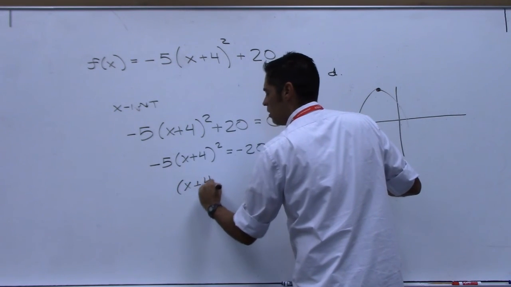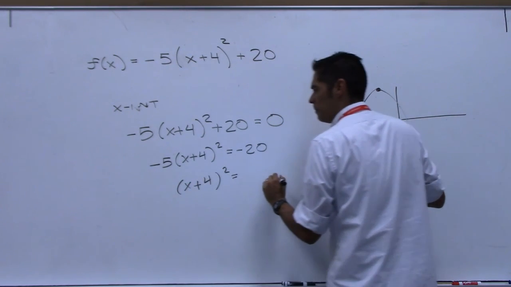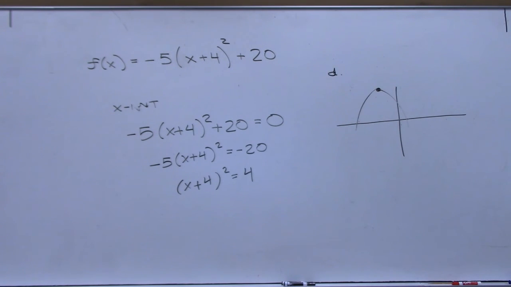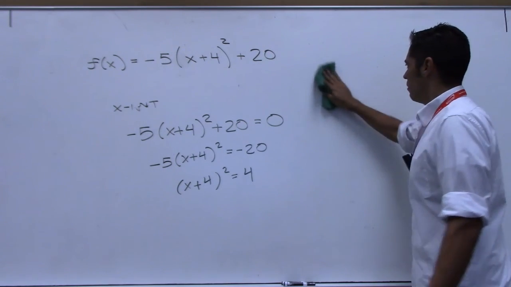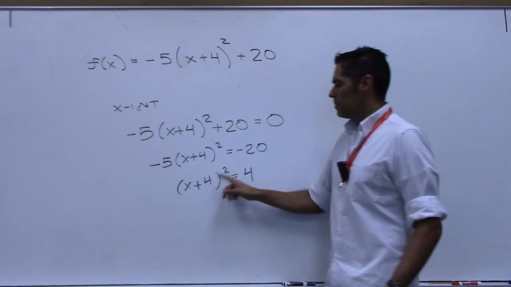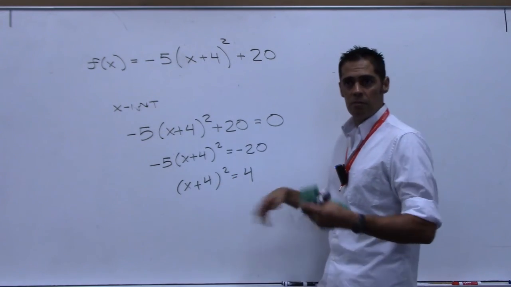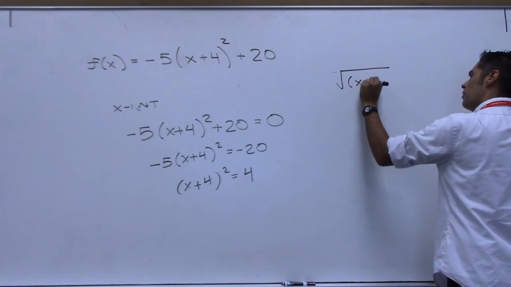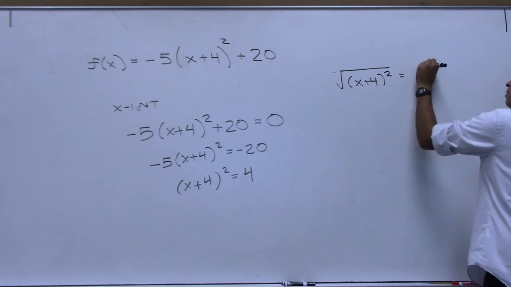(x + 4)^2 equals what? 4, positive, because negative over negative is positive. And then anyone know what to do at this point? Take the square root on both sides, because if you take the square root of something squared, it should just go away. So I'm taking the square root of (x + 4)^2, and the square root of 4.